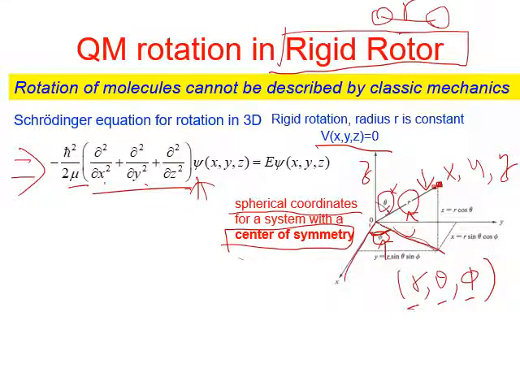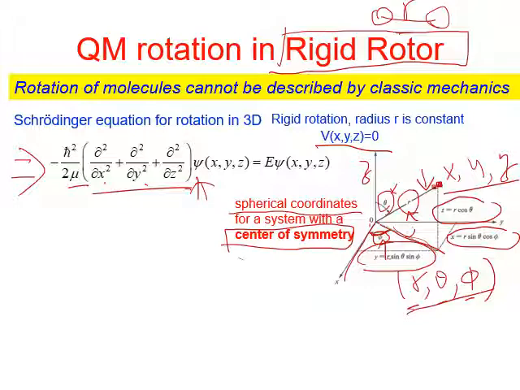So how are these two coordinate systems, x, y, z and r, theta, phi, related? The equations are z equals r cosine theta, x equals r sine theta cosine phi, and y equals r sine theta sine phi.